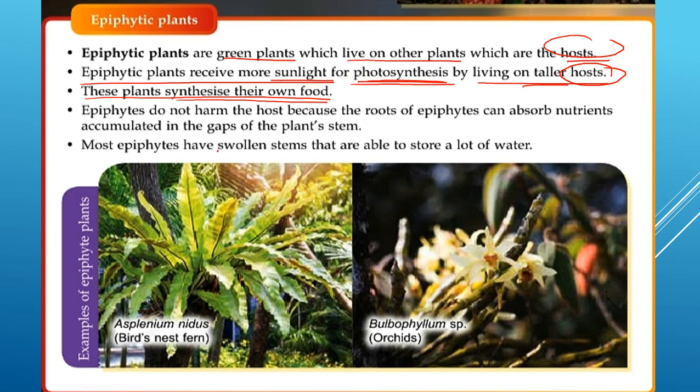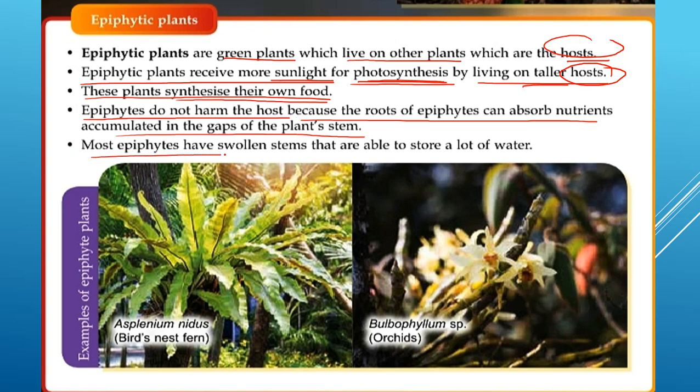Okay, maksudnya dia tidak curi makanan, dia buat makanan sendiri, cuma dia menumpang sahaja. Kemudian epiphytes do not harm the host because the root of epiphytes can absorb nutrient accumulated in the gaps of plant stem. Okay, dia tidak akan menyebabkan harm lah kepada host plant.